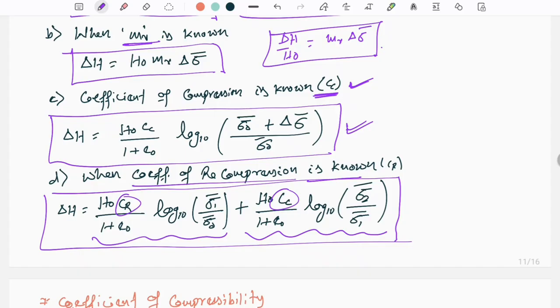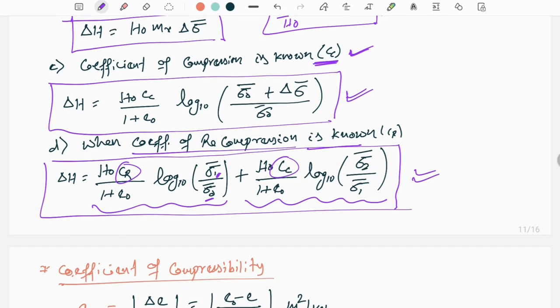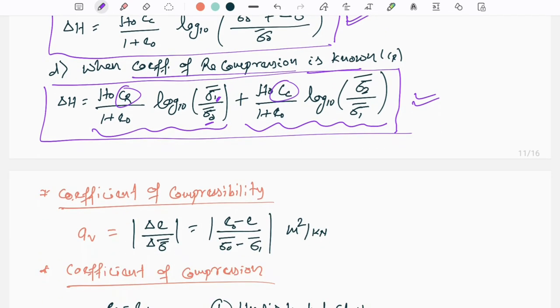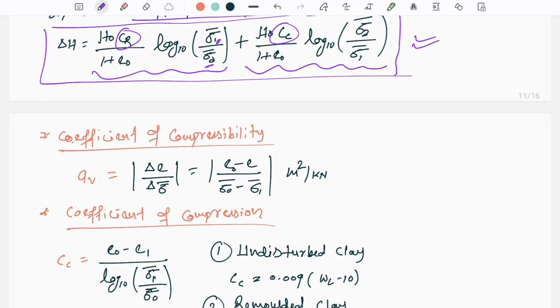The expression is as in the earlier one. When you use recompression, the initial state changes from sigma naught to sigma 1, and in case of Cc it is sigma 1 to sigma 2. So you have to use this expression when the coefficient of recompression is given, and you apply the effect of recompression.